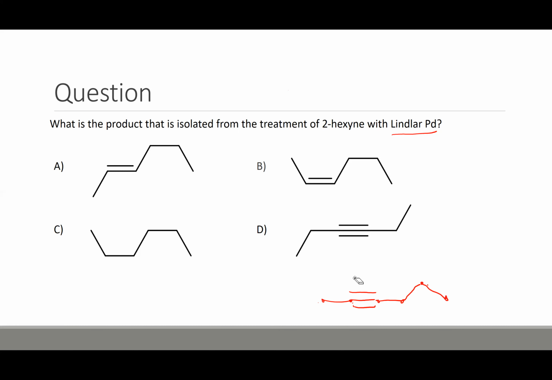Okay, this triple bond here will become a double bond, and when we add our hydrogens, they add to the same side, making these bonds a cis formation.